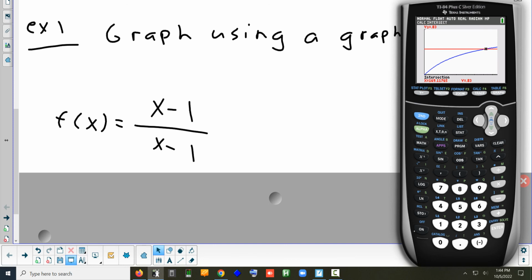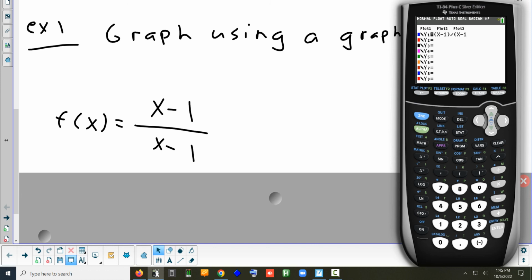Yeah, you can't use 1. And at the number 1, is it going to be a hole or is it going to be an asymptote? It's going to be a hole. So when we graph it, let's watch what happens. It's x minus 1 divided by x minus 1.